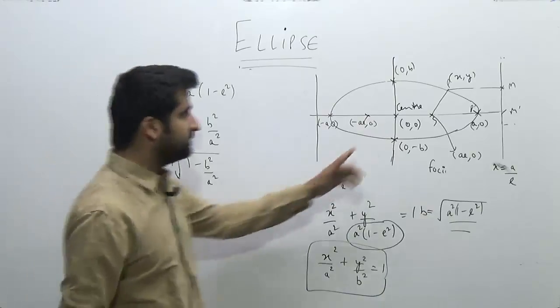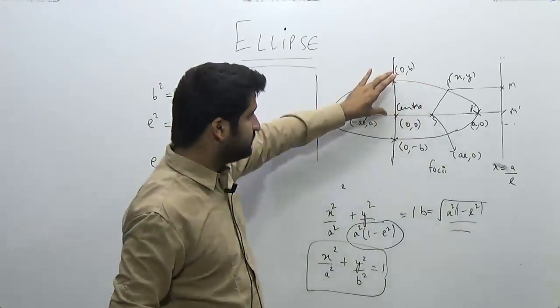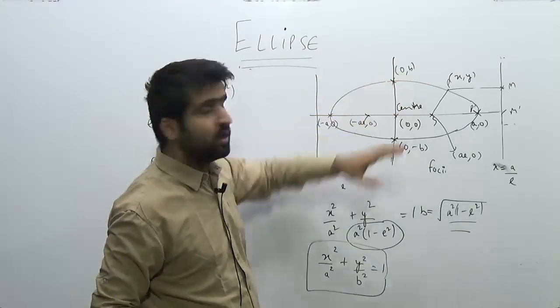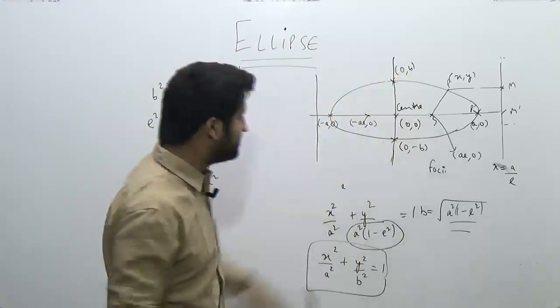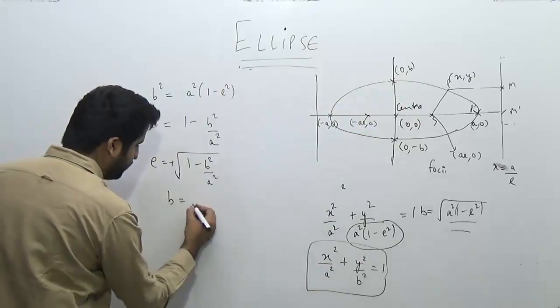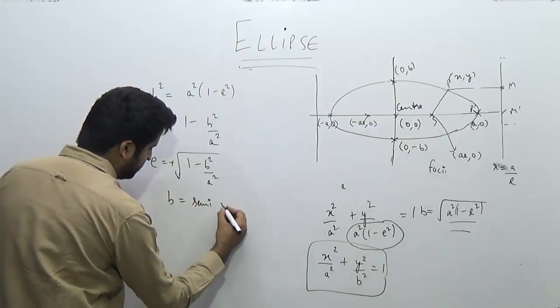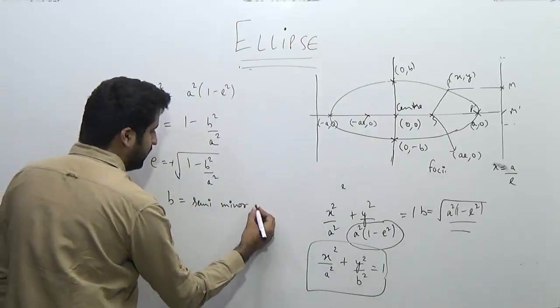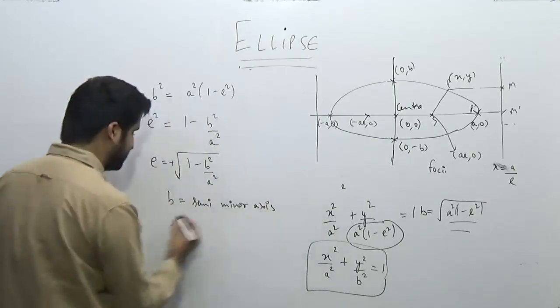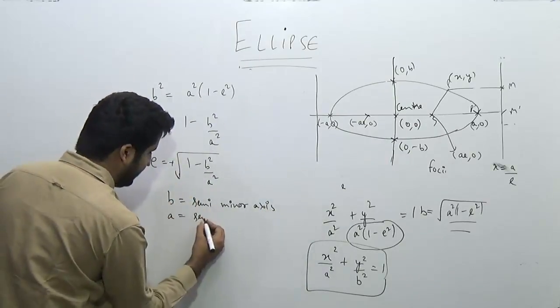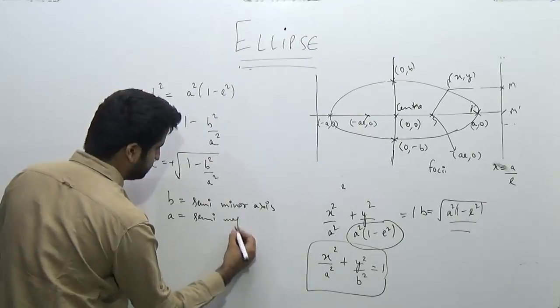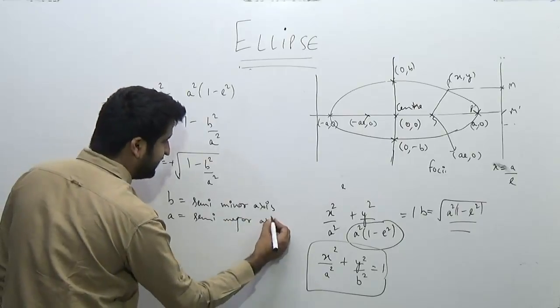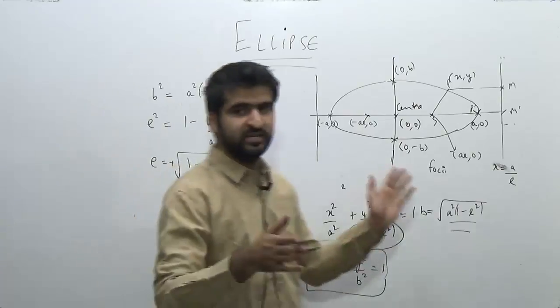Now we know that this is the part of the minor axis. So we can say that this b is equal to the semi minor axis. You may see some of these terms in some questions, and a is the semi major axis. Why am I writing semi here? Because this is half of the major axis.